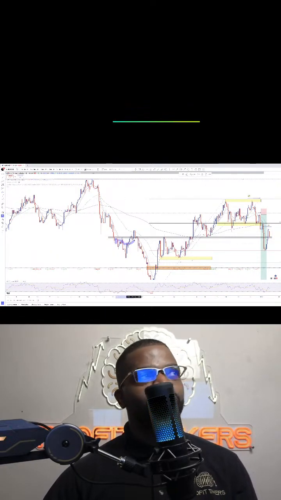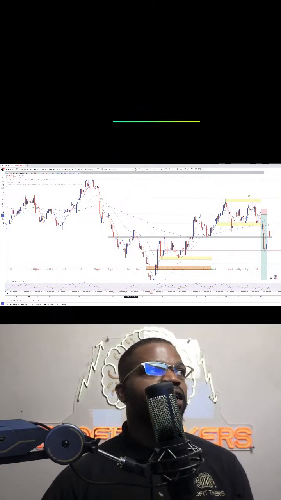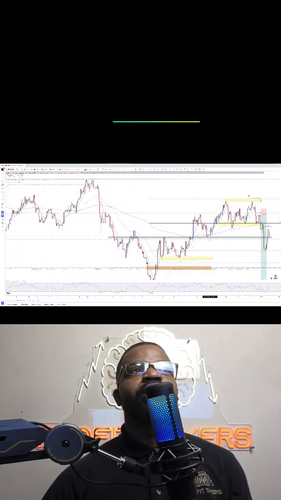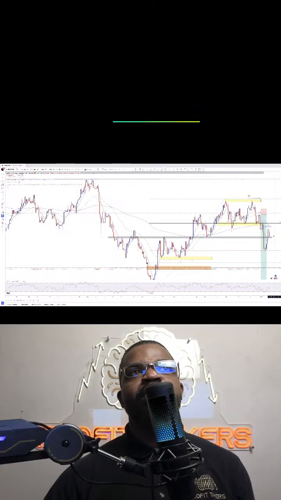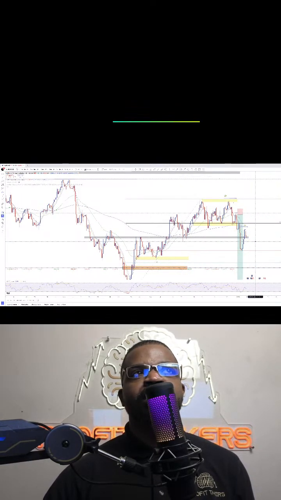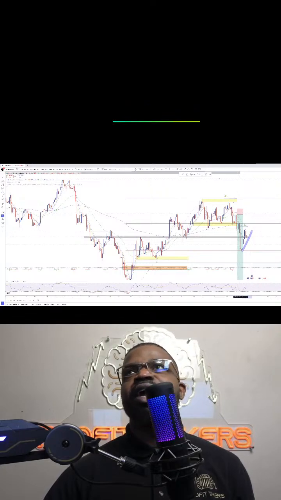You got multiple rejections underneath. Once it broke above, it acted as support multiple times. So it's definitely a major level. If price breaks it, this could be a valid bear flag.